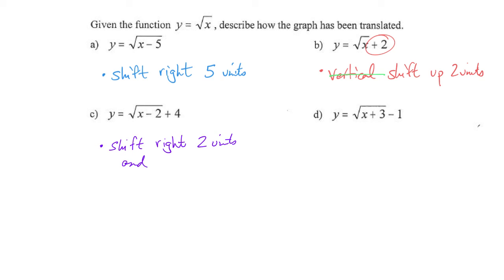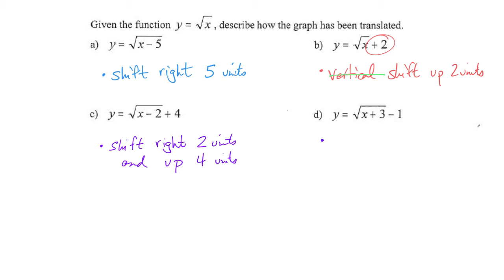And at the same time, I see that I have the +4 on the end, up 4 units. Now, I hope that we're good, that we can picture in our minds that if I was to take any graph and shift it right, then up, I would get to the exact same position as if I shifted it up, then right. That the order of my shifts do not matter.